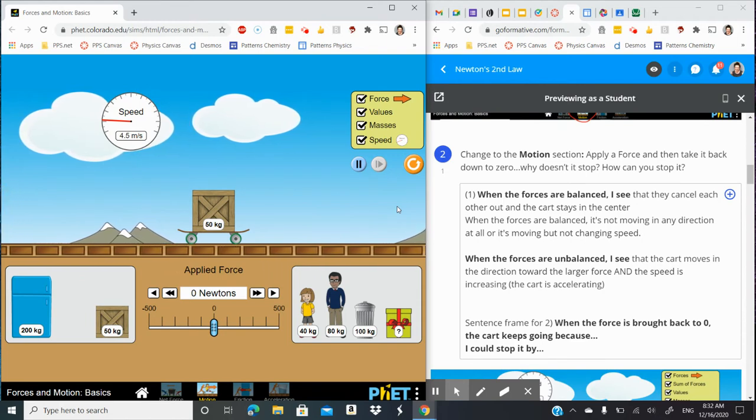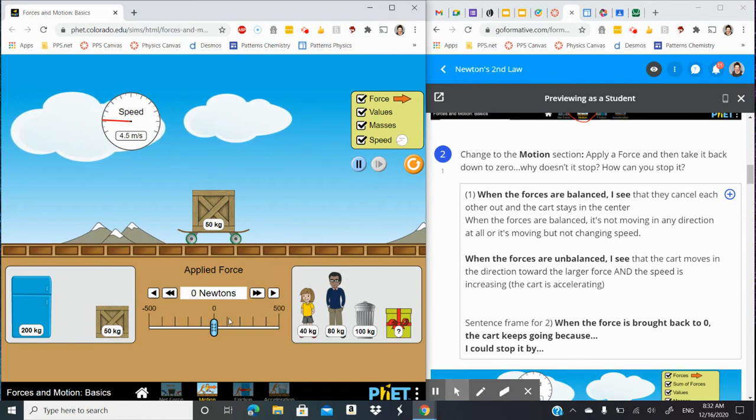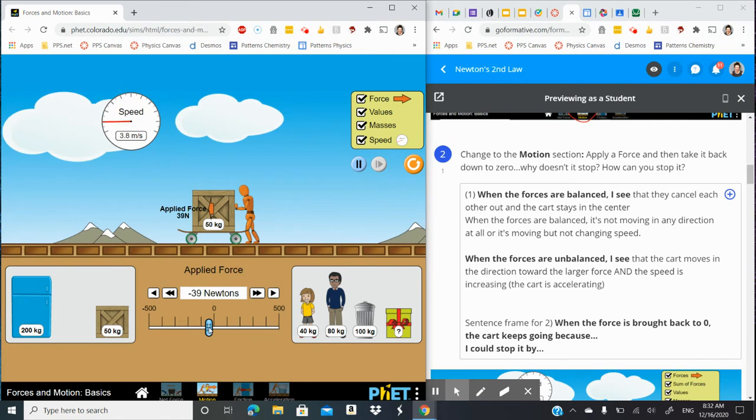So there isn't another force that's pushing back on the cart in the other direction. Therefore, in order to get this cart to stop moving, I need to apply a force in the opposite direction to slow that back down to 0. I'm watching the speed dial and pressing on the cart until I can get that speed to reach 0.